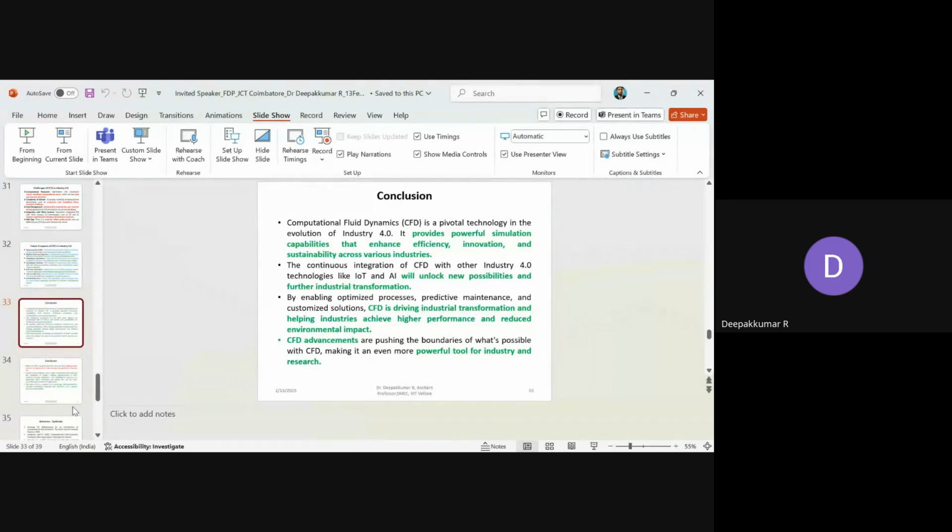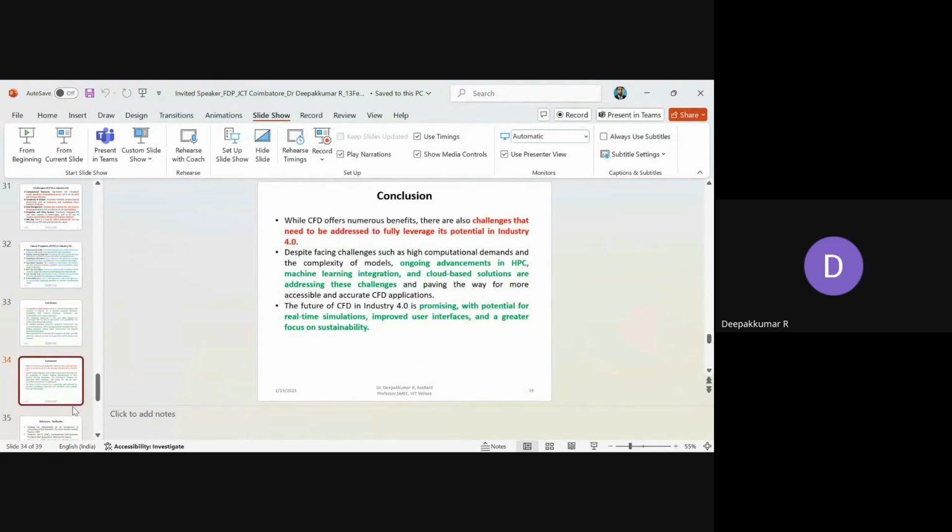So CFD advancements are pushing the boundaries of what is possible, making it an even more powerful tool for industry and research. While CFD offers numerous benefits, there are also challenges that need to be addressed to fully leverage its potential in Industry 4.0.